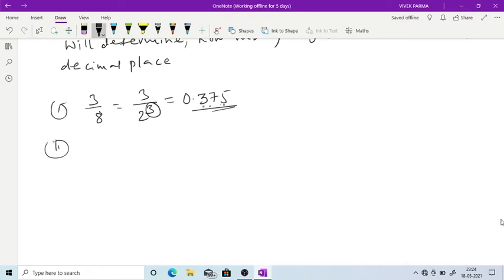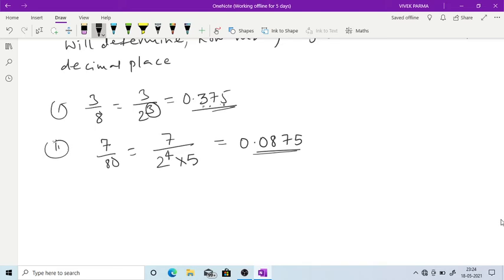Take another example. We have 7 upon 80, right? So we have here 7 upon 2 to the power 4 into 5, right? And we can write this as 0.0875. So see, in this case how many digits are here after this decimal place? 1 2 3 4, right?